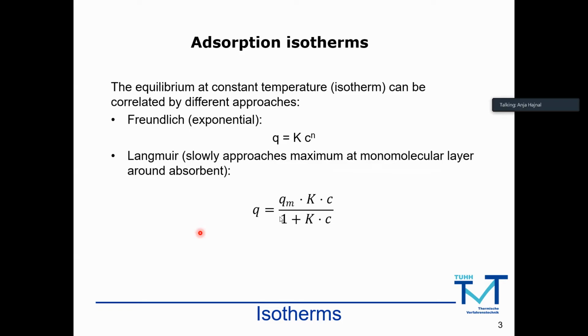The two that we will be mentioning here are Freundlich, which predicts an exponential dependency and is also meant for multi-layer adsorption, and Langmuir, which assumes the monolayer, so only one layer forming on our adsorbent. But of course, there are others such as linear, BET, etc. But these two models we will be using in our class today as an example.